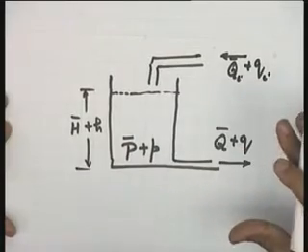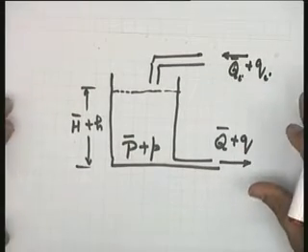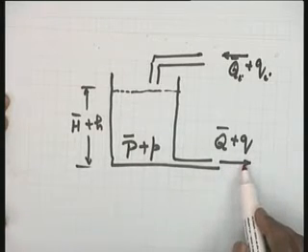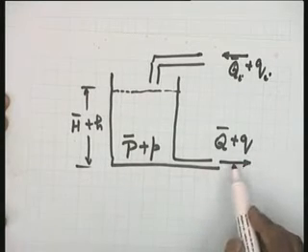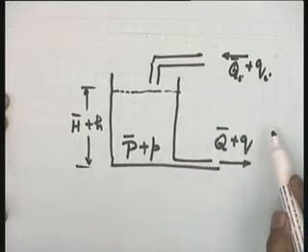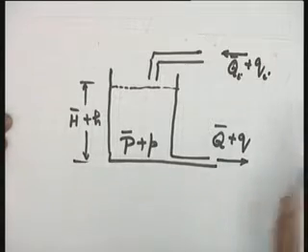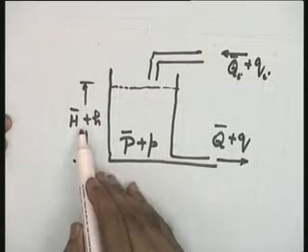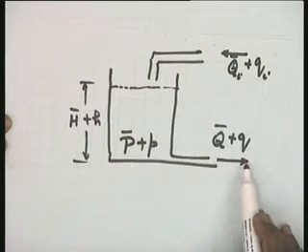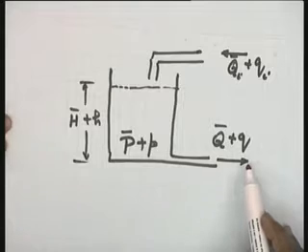I am taking a single tank, but there may be a cascade of tanks in any process control application, and you are required to control the outflow rate or the pressure of the liquid or the height of the liquid in the tank, and you will find that all the three are equivalent. It is visible from this schematic also that if you control the height, you are indirectly controlling the pressure here or the flow through this point, and this will become more evident when we write equations for the system.